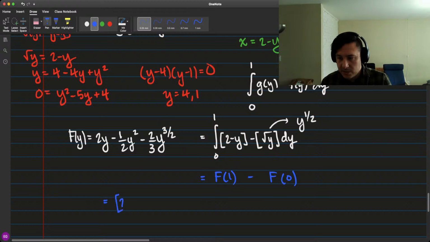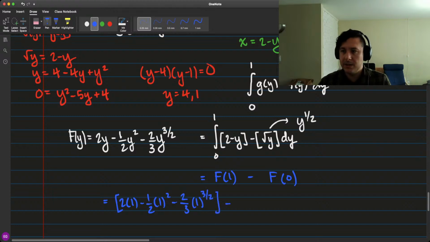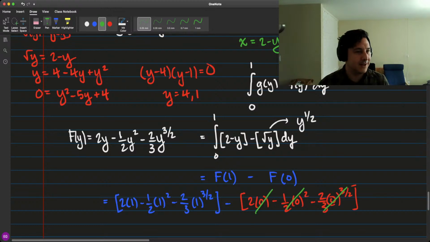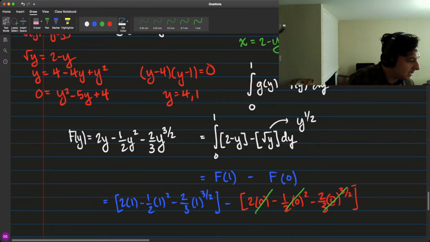You're going to get 2 times 1 minus 1/2 times 1 squared minus 2/3 times 1 to the 3/2, minus, and then you plug 0 in, you get 2 times 0 minus 1/2 times 0 squared minus 2/3 times 0 to the 3/2. And thank God there's the zeros there because they just go away. You're like, yes! That's a lot easier.